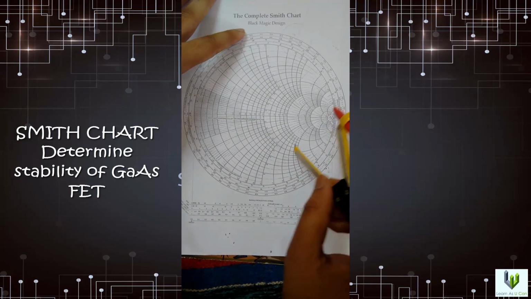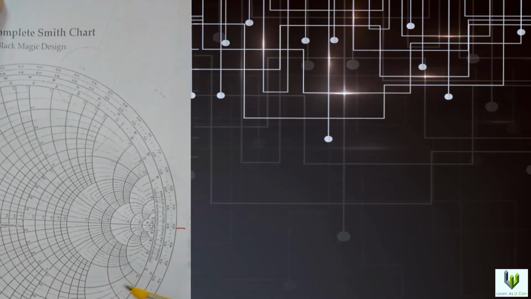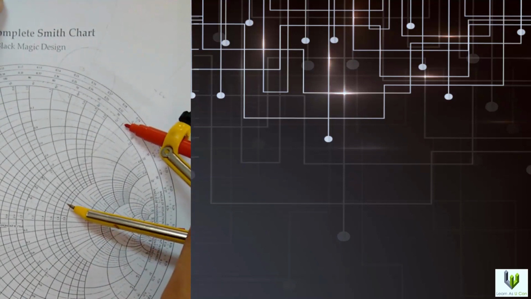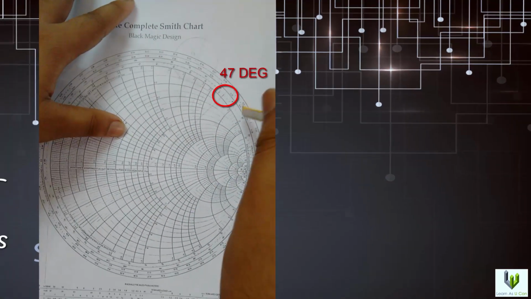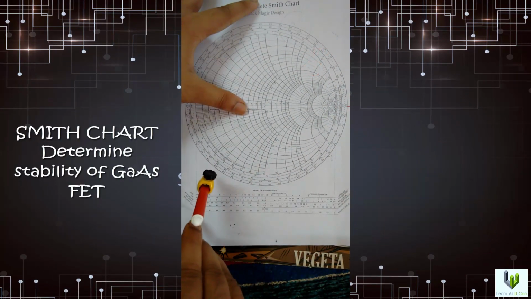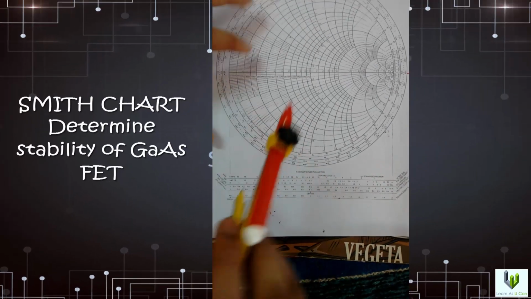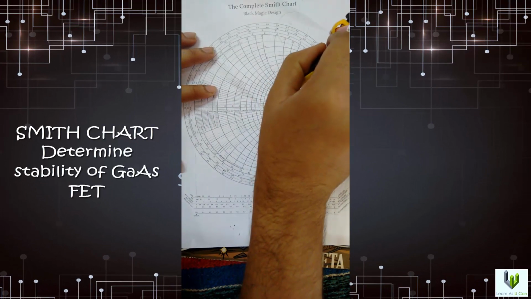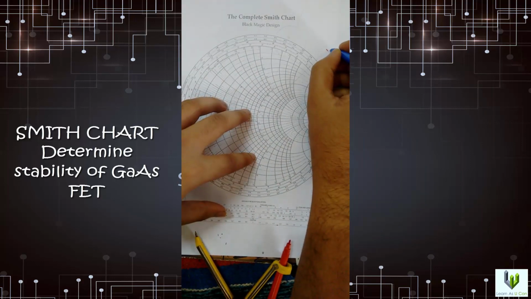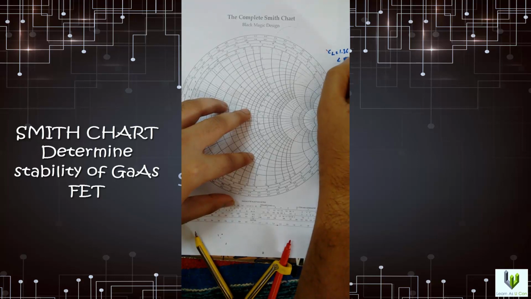Just measure this angle 47 is there. 0, start from here, 20, 30, 40, 46, 45, 46, 47. This is for the CL, and this is 1.36, means from here you have to take this reading 1.36. You have to plot it. CL is around 1.36 angle 47 degree.